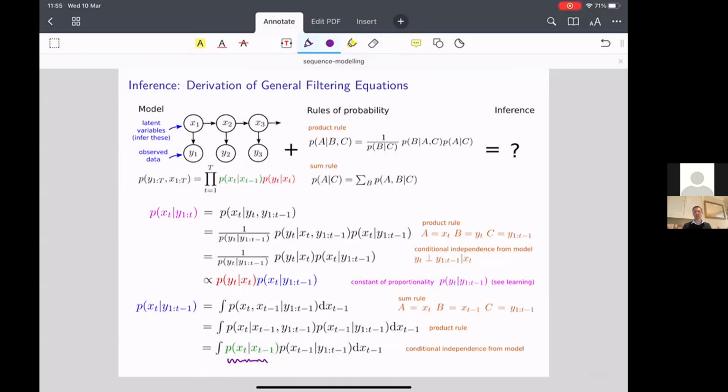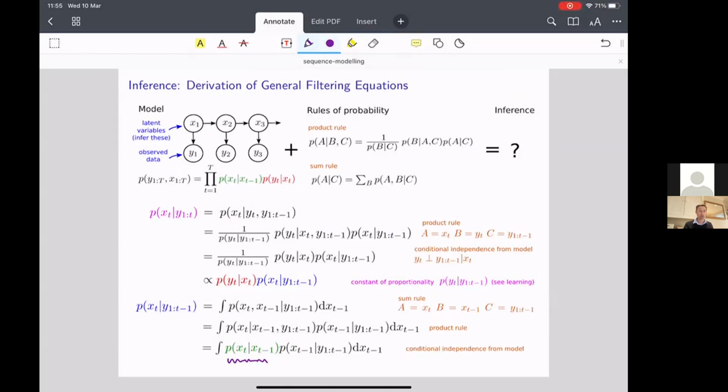We could have replaced all integrals with sums, and we would have got exactly the correct updates for the discrete hidden state HMM, and that's called the forward filtering algorithm. For historical reasons, again, it has a different name. It wasn't developed by Kalman, and it's called the forward filtering algorithm instead, but it plays exactly the same role as the Kalman filtering algorithm.